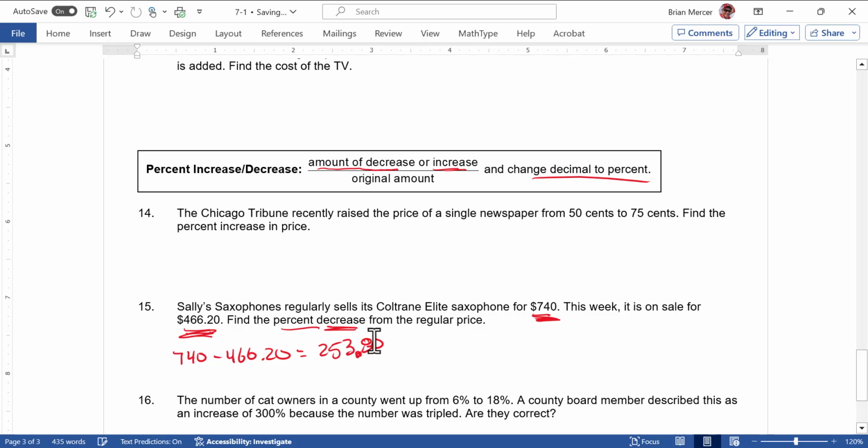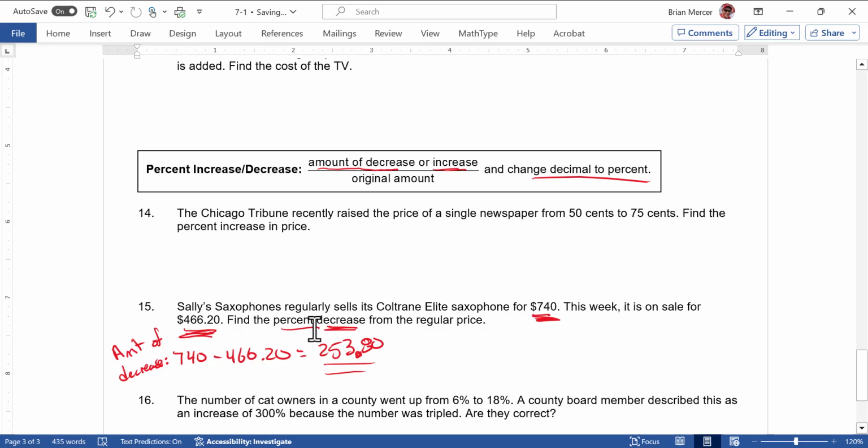One thing that I encourage students to do is to write down words to describe what you just calculated. So in other words, that's the amount of decrease, so that you know what you calculated. So the decrease is this. That's how much was off of the price.